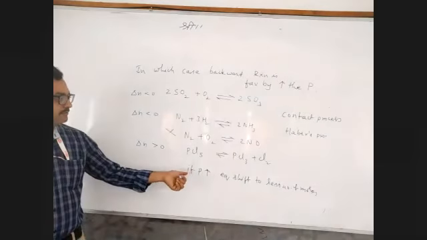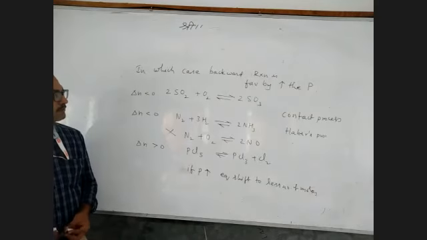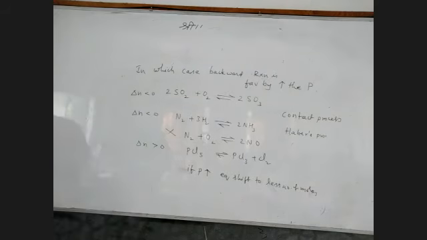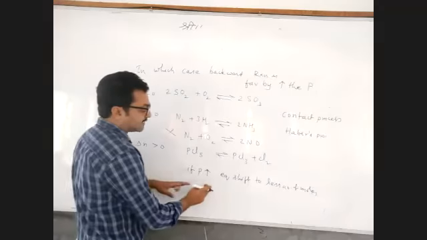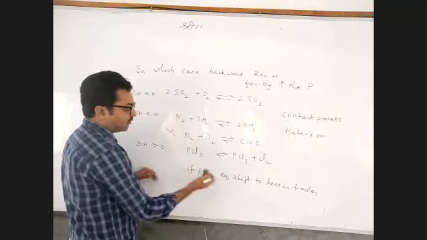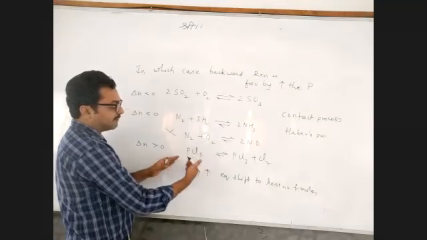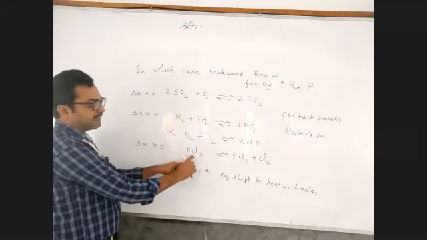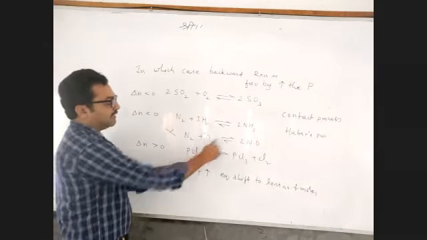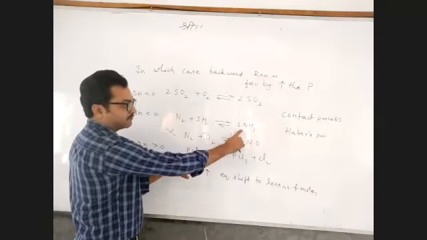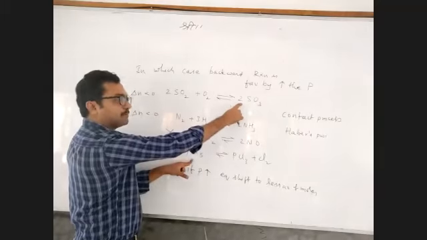Which side has fewer moles? Here, the backward reaction is favorable. Here fewer moles means forward. Here fewer moles means forward.